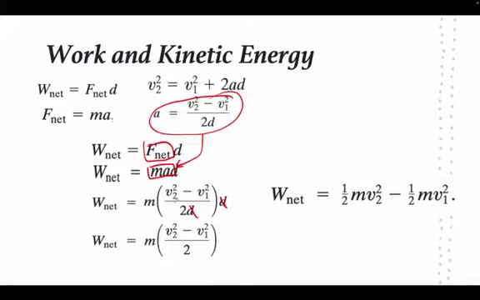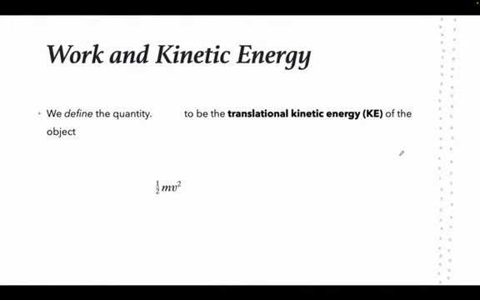Now this quantity right here, the quantity 1/2 mv squared, is going to be defined as kinetic energy. So the quantity 1/2 mv squared is defined as the translational kinetic energy of the object. So we can say that the kinetic energy of an object at a certain time is equal to 1/2 mv squared.